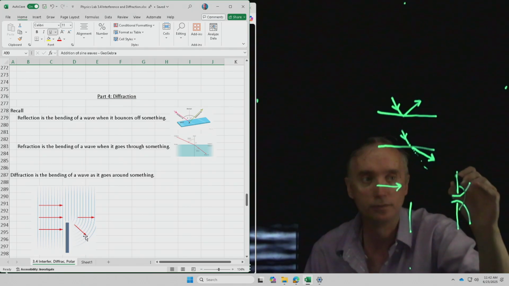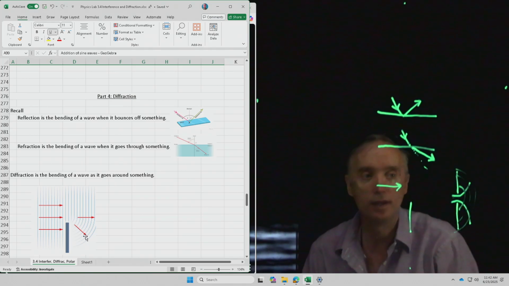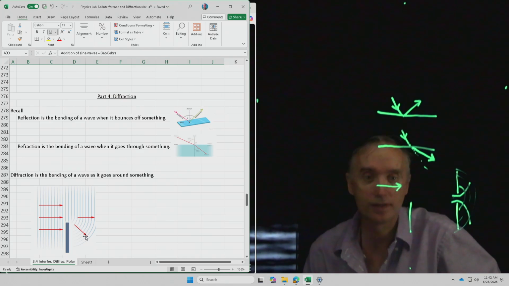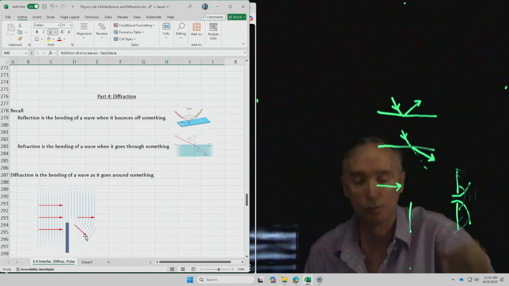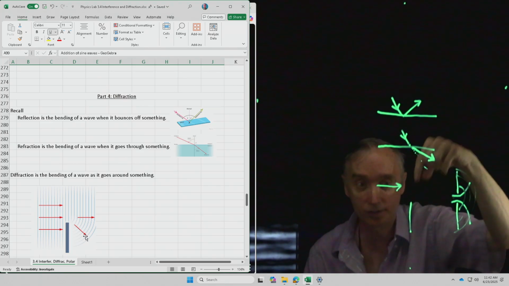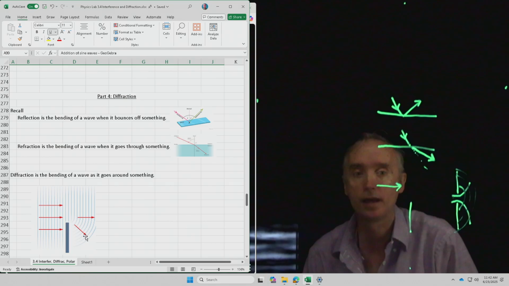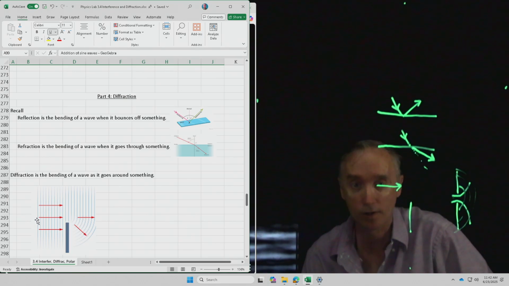Well, you end up with something like this. You're going to have rings. And that's exactly what we saw when we had a single faucet that was dripping, that it produced rings that expanded like that. So that is essentially being caused by diffraction.